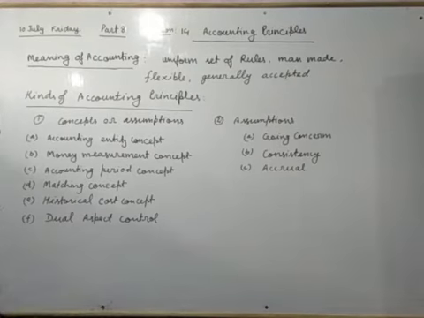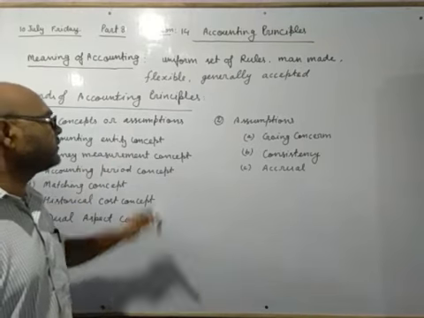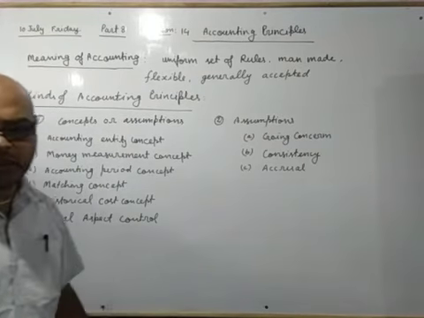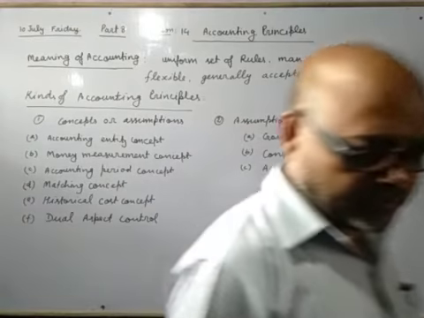Or, either with the consultation of businessmen or the Chamber of Commerce, ICAI develops a new policy. There are two types of accounting principles or policies. First, the concepts, and second, the assumptions.